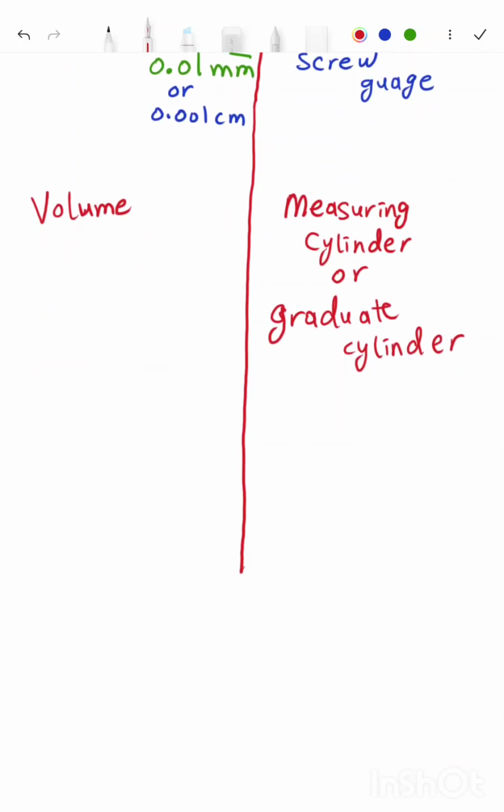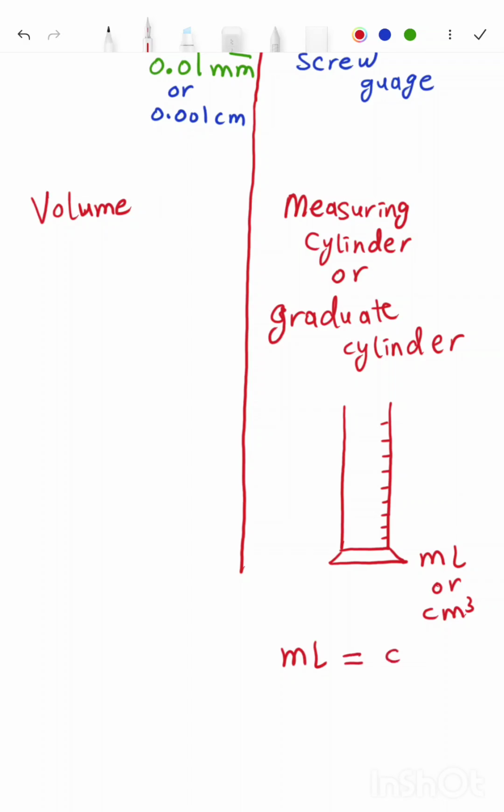Now how does it look? It looks like this. You must have seen this in your school labs, either in the chemistry lab or in the physics lab. You have some marks here which give you the value of the volume in milliliters or cubic centimeters. A milliliter is equivalent to a cubic centimeter.